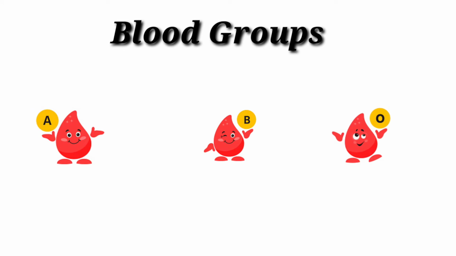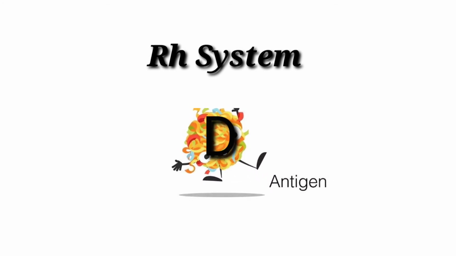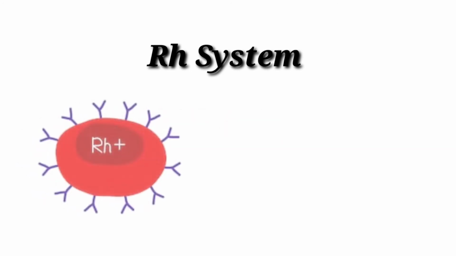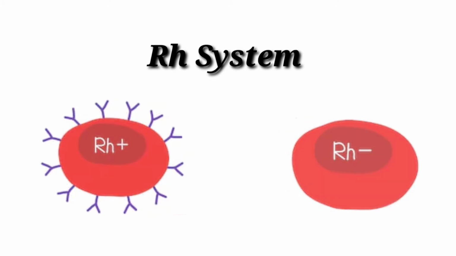or O. Now, coming to the RH system of blood grouping, if extra antigen D is present on the surface of RBC other than A and B, it is termed RH positive, and if it is absent, it is termed RH negative.